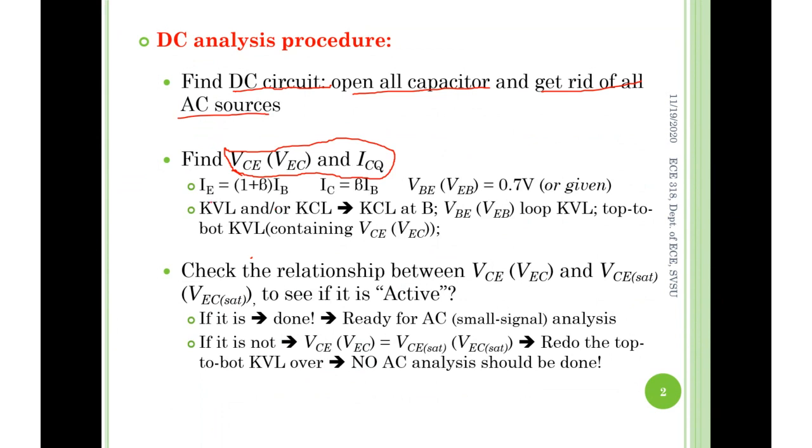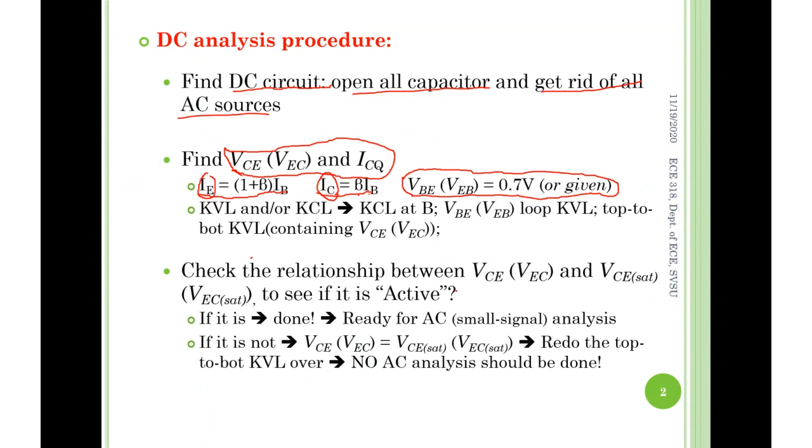Here, the DC analysis of BJT is actually easier than MOSFET, I would say, because the equations are very easy, isn't it? The emitter current is equal to 1 plus beta, the gain beta, times the base current. Your collector current is equal to the gain times the base current. And also, the nicest one is VBE.